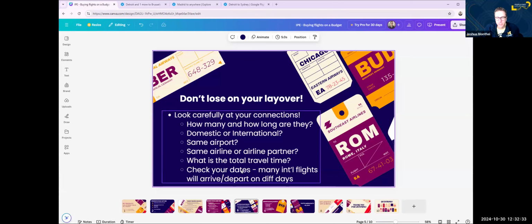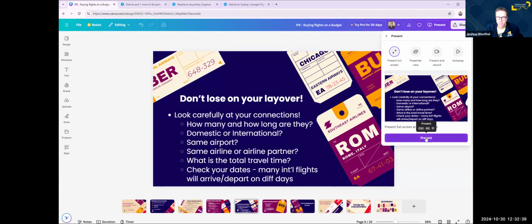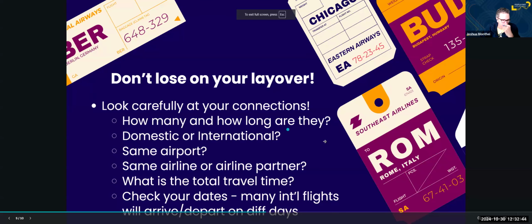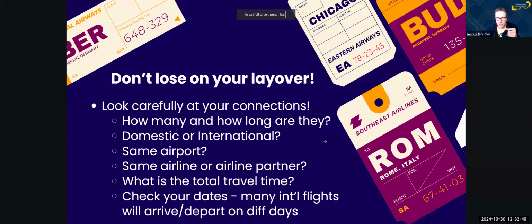And then finally, this is really important for anyone who is traveling on international flights. And for a lot of the destinations where we have programs, you're going to be doing some type of overnight flight. So for Europe, typically you're going to be leaving North America in the evening and arriving in Europe in the morning.